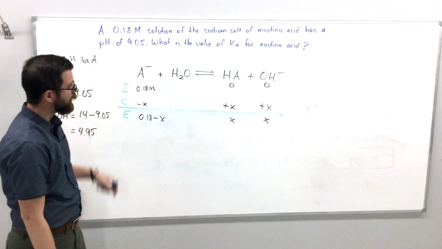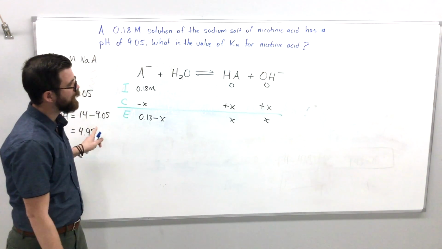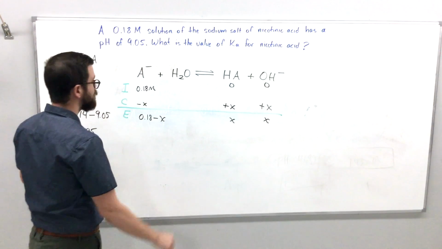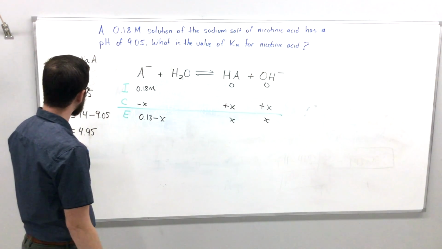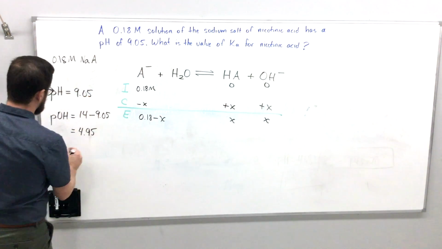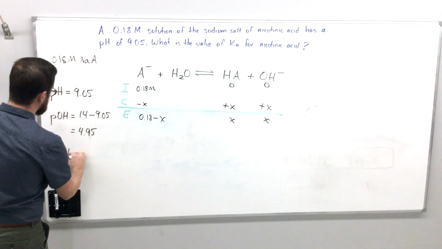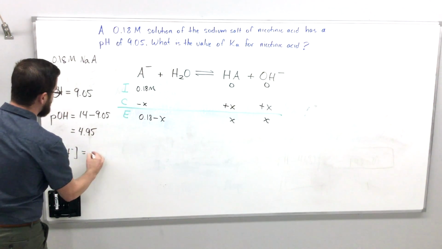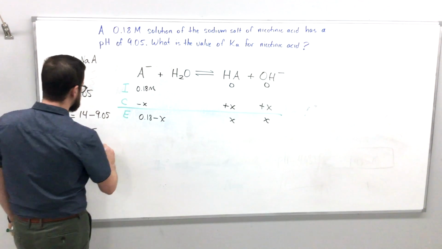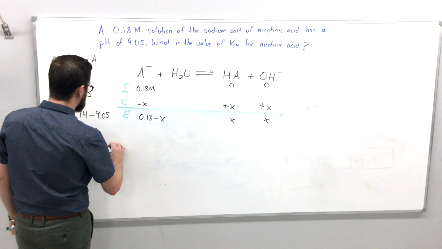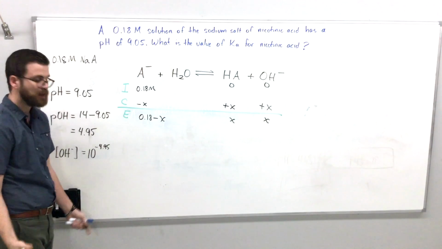Now that we know our pOH, we can use this value to help us solve the question, what is the concentration of hydroxide? So the concentration of hydroxide at equilibrium has to be 10 to the negative 4.95, just like we learned.